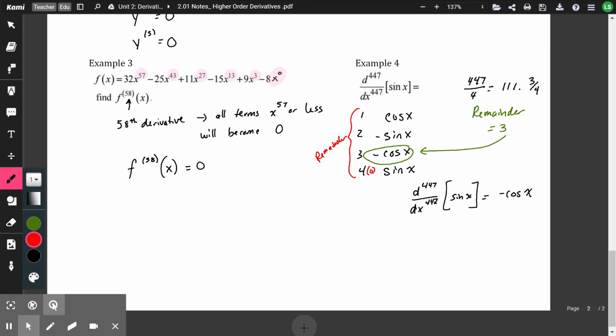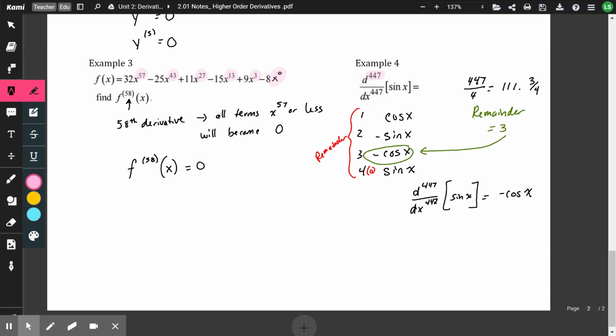We can use this to our advantage by knowing that we are taking a 447th derivative by dividing that into groups of 4. By taking the 447 and dividing it by 4, we come up with 111 different times we will go through that cycle.